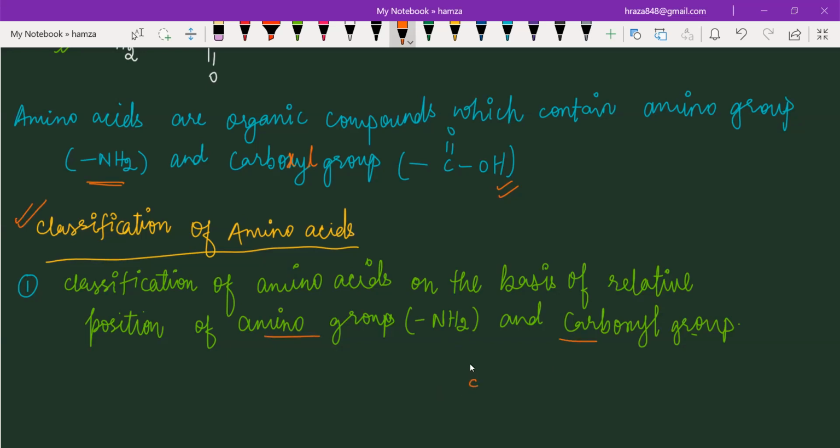Suppose you have this carboxylic acid. With respect to this carboxylic acid, this carbon will be known as alpha carbon, this carbon will be beta carbon, this carbon will be gamma carbon, and this carbon will be delta carbon.